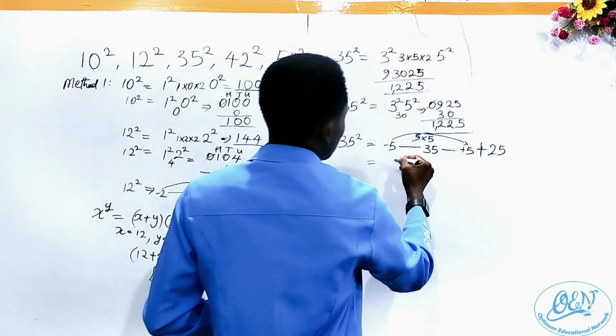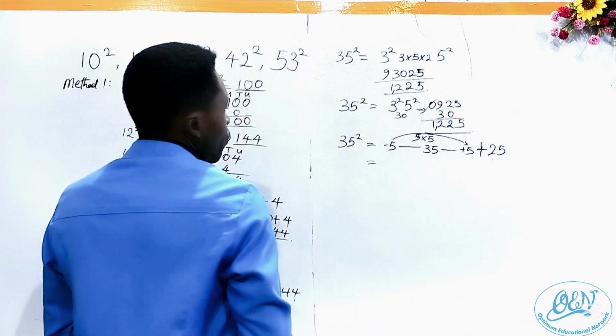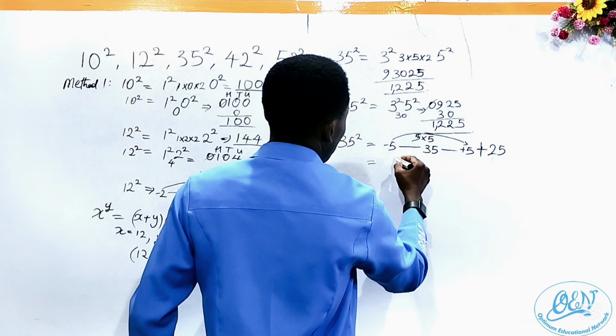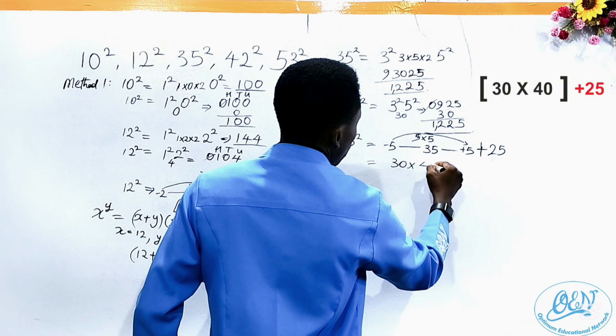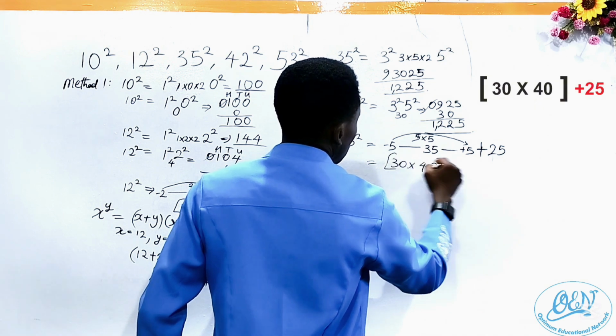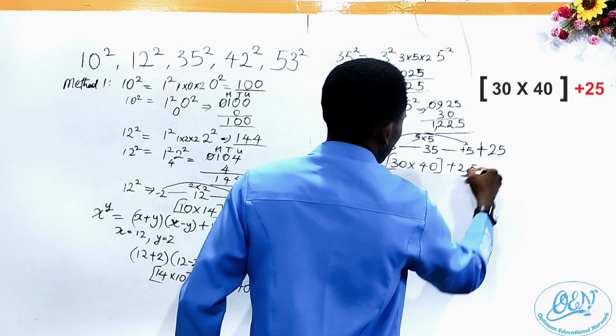So I'm going to have 35 minus 5, you have 30, times 35 plus 5, you have 40, then plus 25.